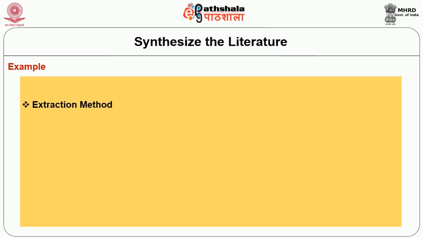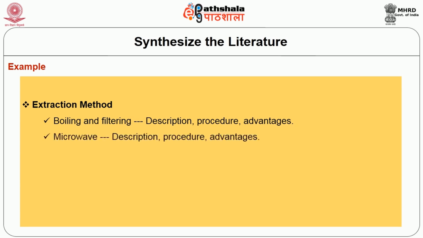The next subdivision can be extraction methods, wherein different types of extraction methods like boiling and filtering, microwave can be selected. Under this also we can have subdivisions like description, procedure, advantages and disadvantages of the methods.